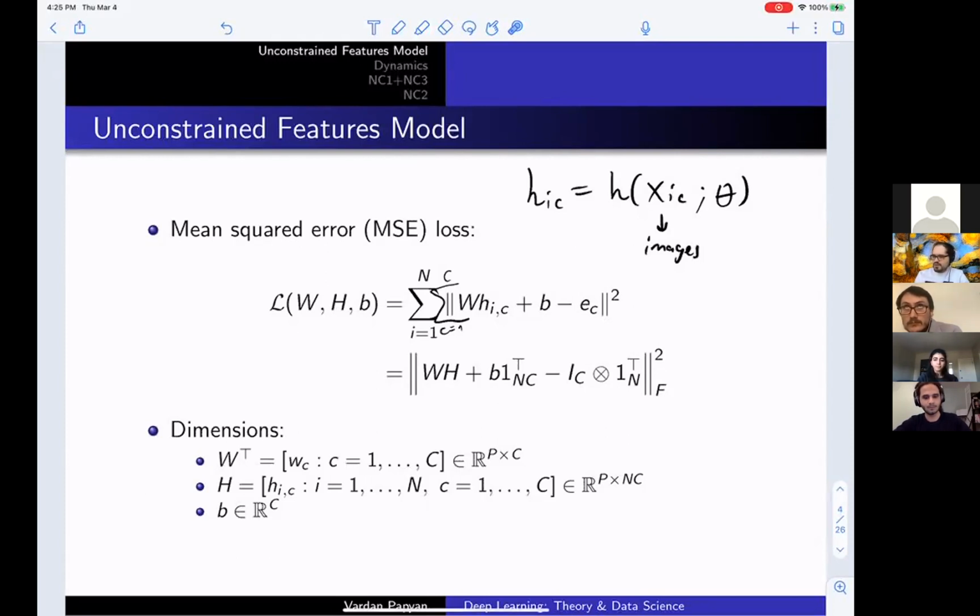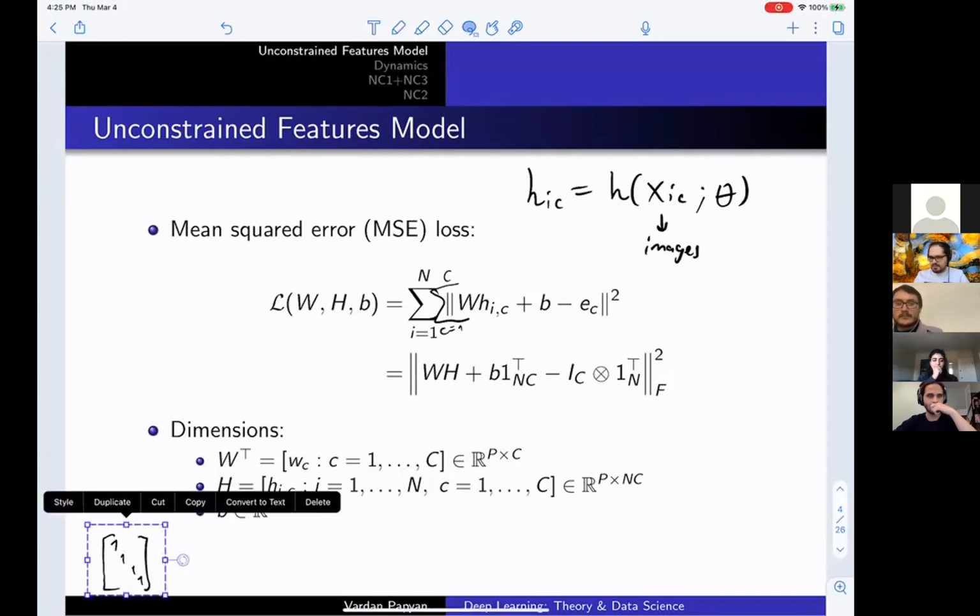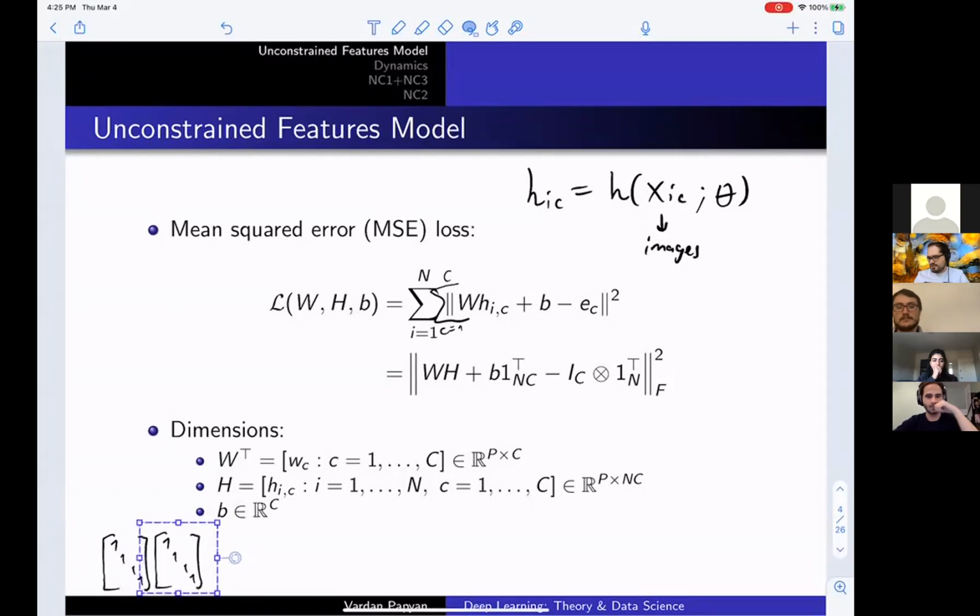Now, why are we doing here an identity Kronecker product with a ones vector transpose? An identity is a matrix that looks like this. Let's say we have 4 classes, and imagine you assume that there are 5 examples per class. Then this is equivalent to doing the following thing.